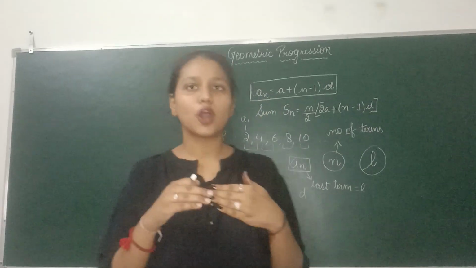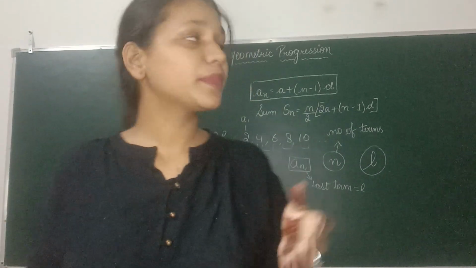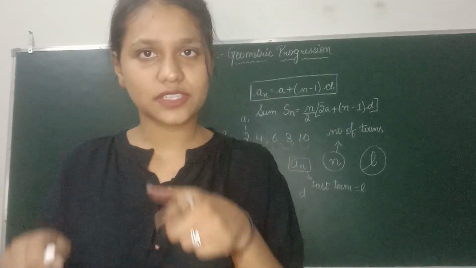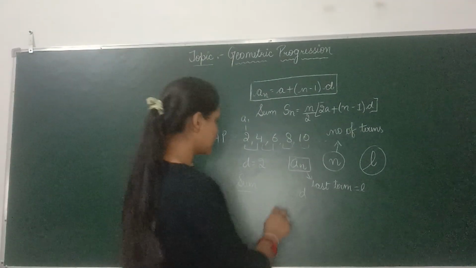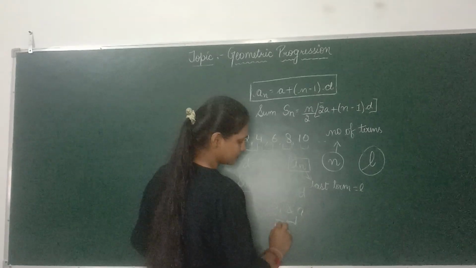D is the common difference, n is the number of terms included in the AP, and a is the first term. a1 and a are the same term.